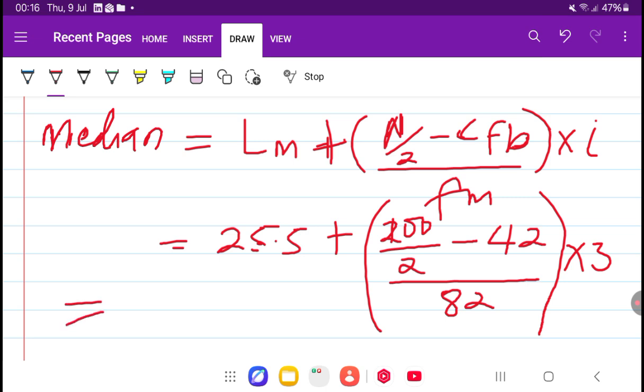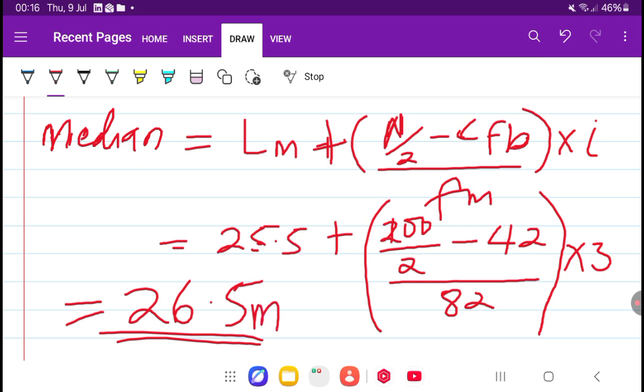Of course, once you substitute that, you will be getting 26.5. And these are meters. So that's the median.